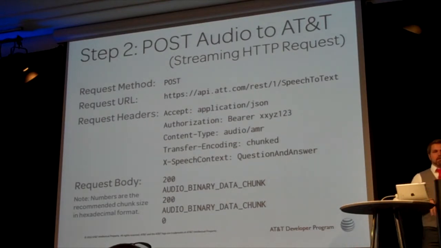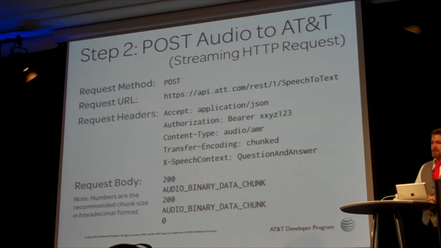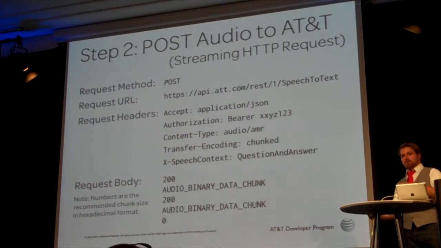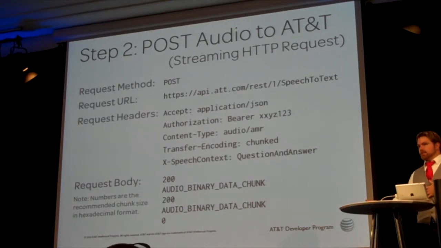So we suggest, and the recommended size is 512 kilobytes per chunk. If you look here, the numbers on this example are actually the numbers that you would see in console, which are in hexadecimal. And so the iOS and Android SDKs handle all of this for you.